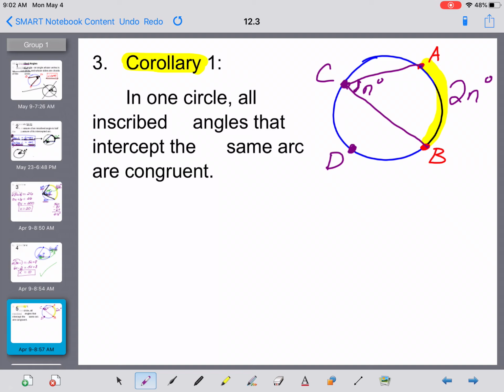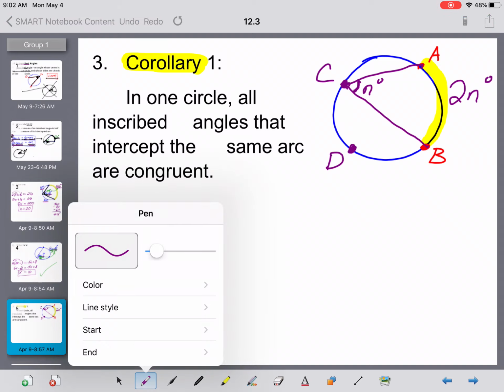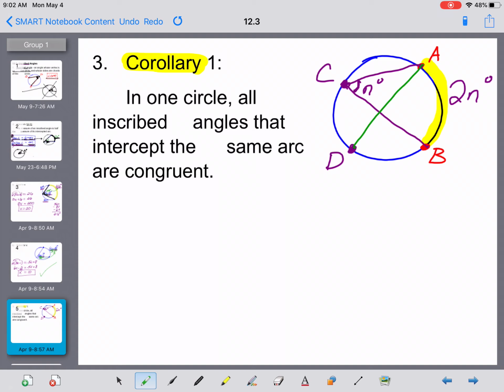So I'm going to switch colors on you guys here. We're going to go to green for this one. I'm going to draw in chord AD and then chord DB. And once again, we have an inscribed angle here that intercepts the same arc over here on the right that's still 2n degrees. So this inscribed angle here has to be half of 2n, which is going to be n as well.